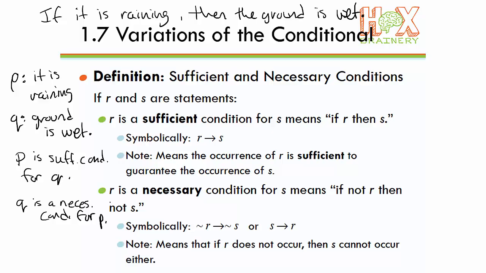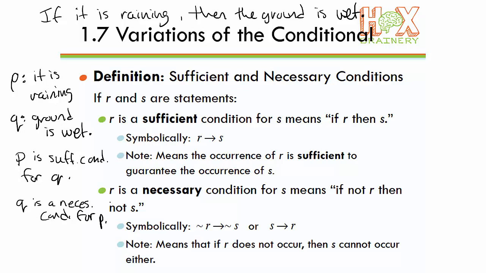And maybe if you think about it in its contrapositive form, it'll make more sense, right? If the ground is not wet, then it did not rain. And you can take this a little bit further too. You can say it is raining, the raining part, we know it's a sufficient condition.